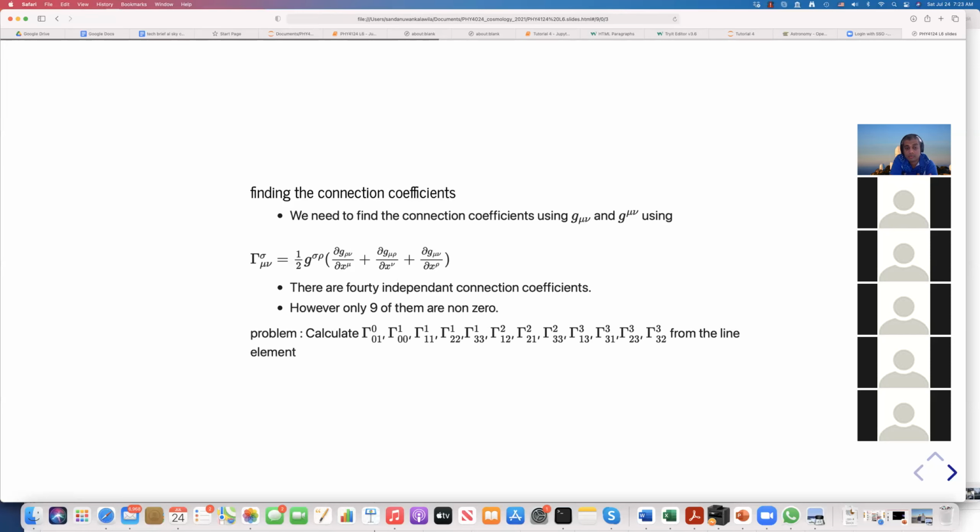For example, if you take the first one, gamma 0, 0, 1. What that means is, in this equation right here, sigma will be equal to 0, and mu will be equal to 0 and nu will be equal to 0. Now, when those 3 values are equal to 0, then you can see that when you take this metric tensor component, sigma is equal to 0.